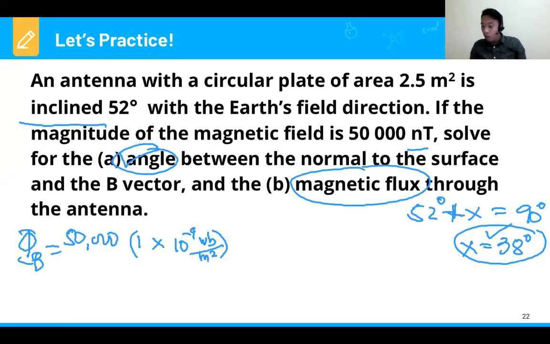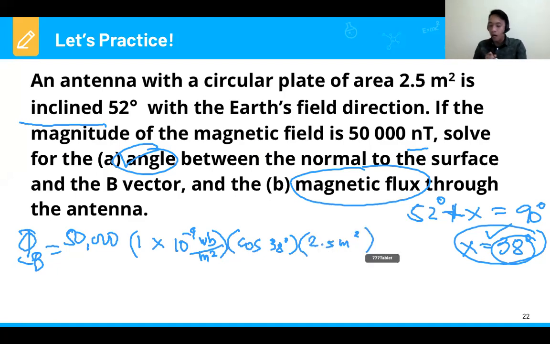After that one, we will multiply now the cosine, because we don't have an exact perpendicular angle, so we need to use cosine 38 degrees, okay, the complementary angle. So cosine 38 degrees multiplied by our area, which is 2.5 meter squared. Okay, so all of those we need to multiply.